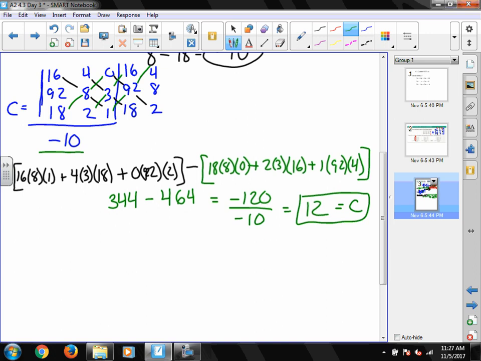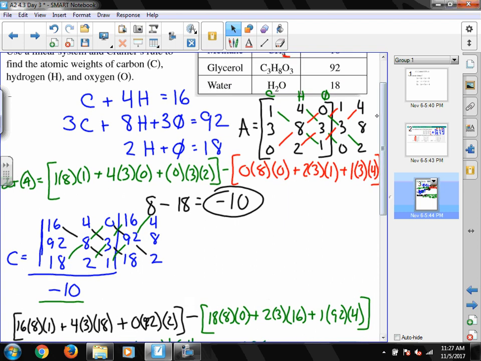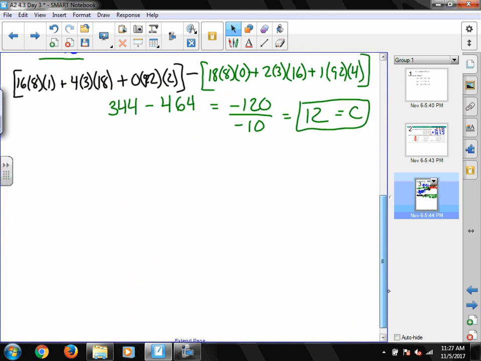Then we need to do this for hydrogen. So hydrogen was our second column of A, 4, 8, and 2. We're going to keep A exactly the same, plug in 16, 92, and 18 where the 4, 8, and 2 were, everything else stays the same.